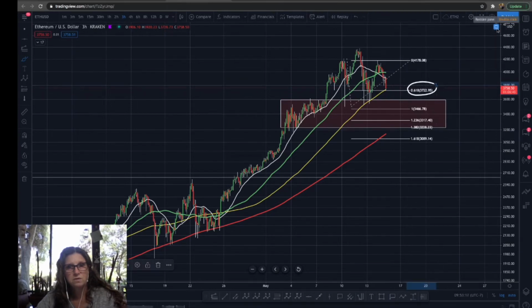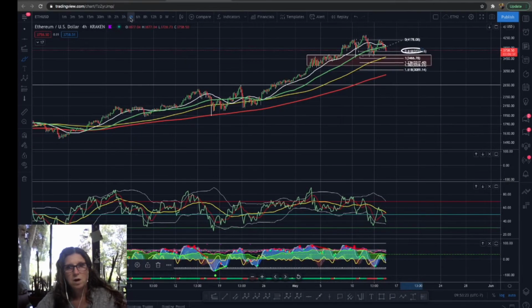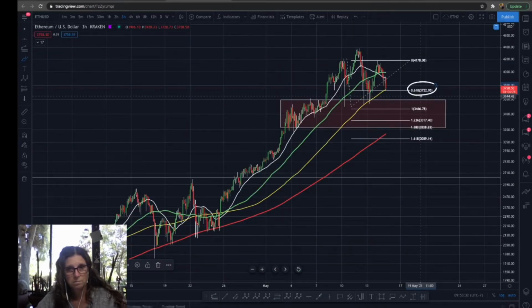Let's see if we have some bull divergence here. I'm not seeing any bullish divergence, so I would say that this is most likely not going to hold. Okay. Next target is this box of support.